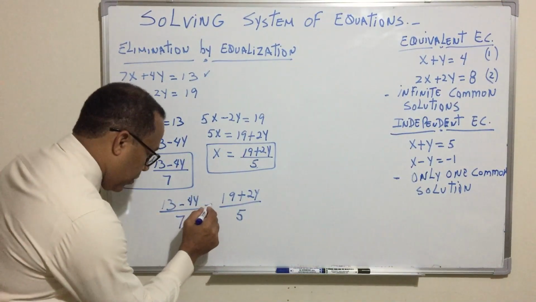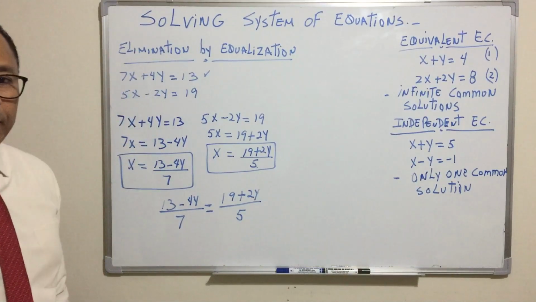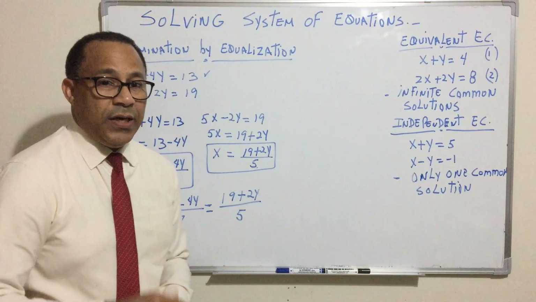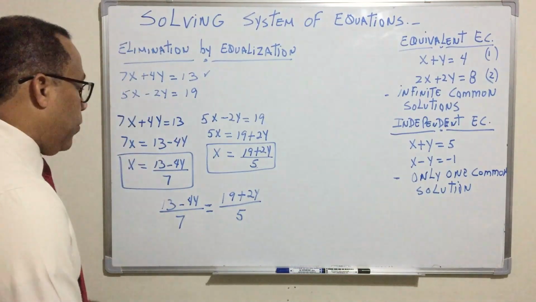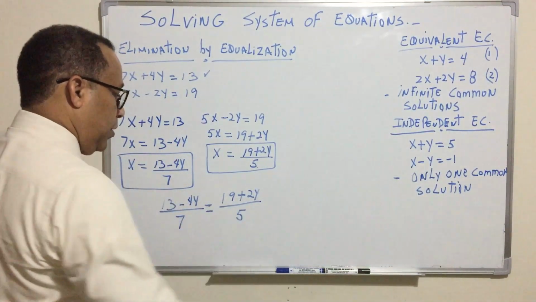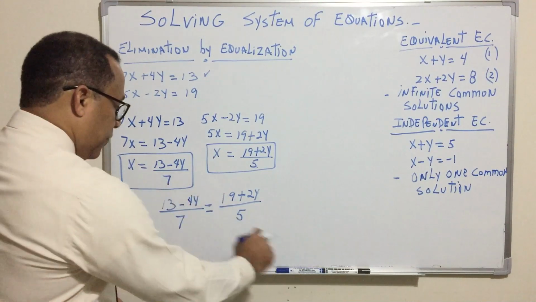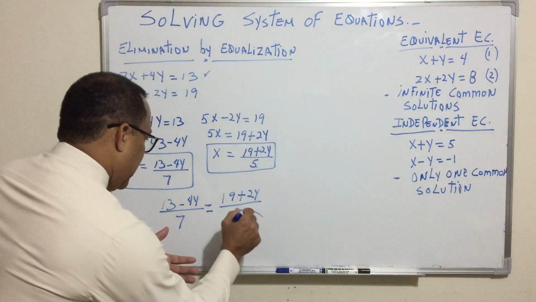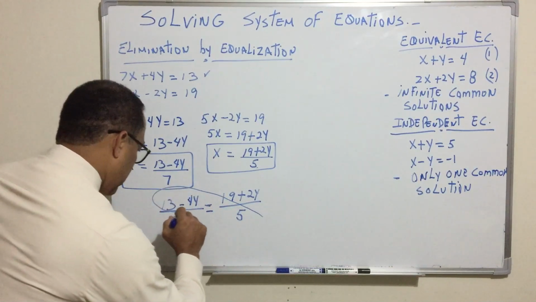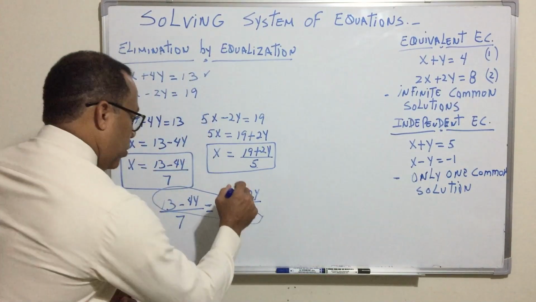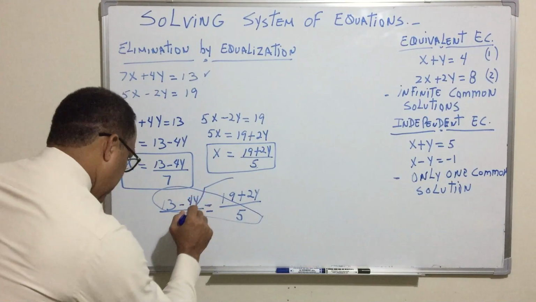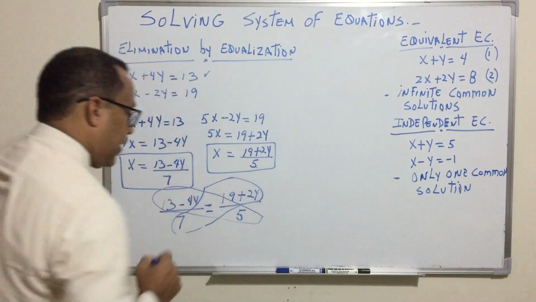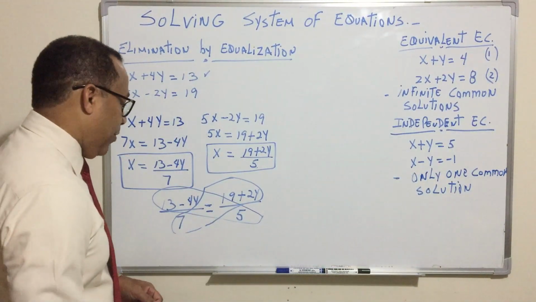It's an equation because it has an equal sign. And if we remember what we have worked on before, we may use proportion in order to solve this equation. It means that I may multiply this 7, and I also multiply this 5. Kind of messy, but it will come out.